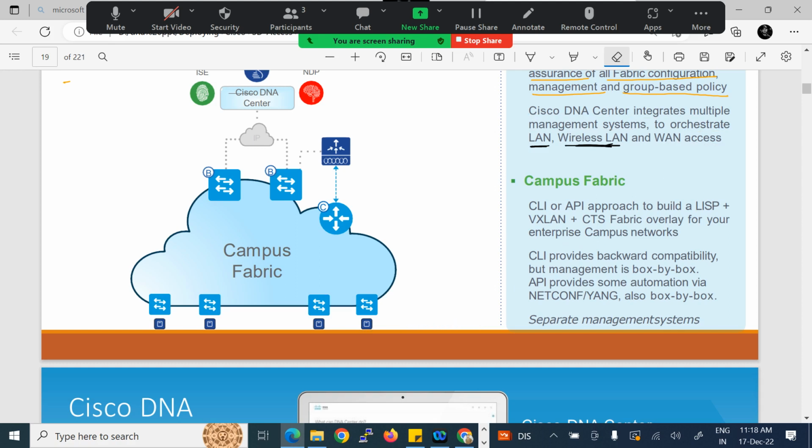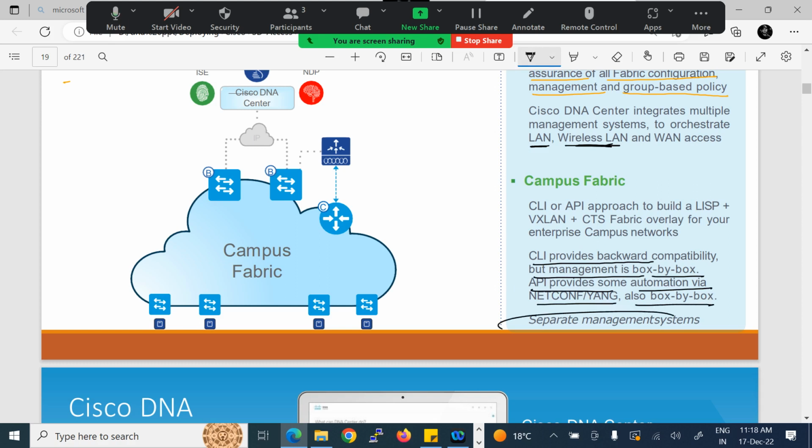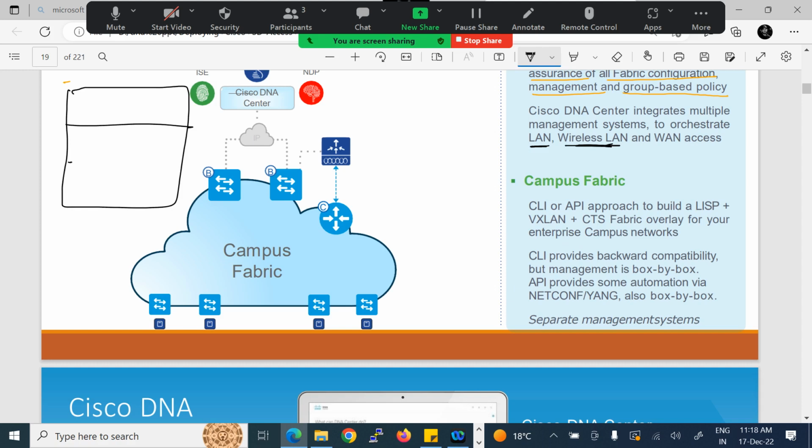All right. Now, CLI provides backward compatibility, but management is box by box. API provides some automation by NETCONF and YAML, also box by box. So basically, if you know the basics, in network devices we have three planes: management plane, control plane, and data plane.